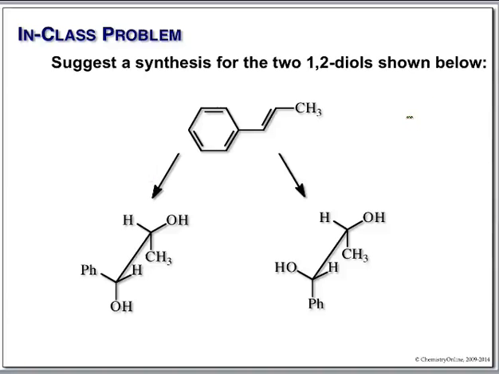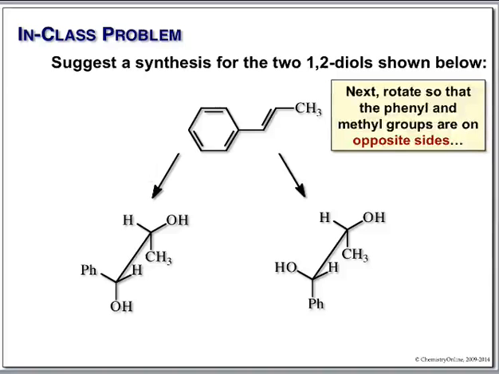So we want to take this and rotate so that phenyl and methyl are opposite from each other. Now, if we leave this guy still, then all we have to do is rotate this bond here, so that the methyl group is now here, opposite and parallel to this bond.